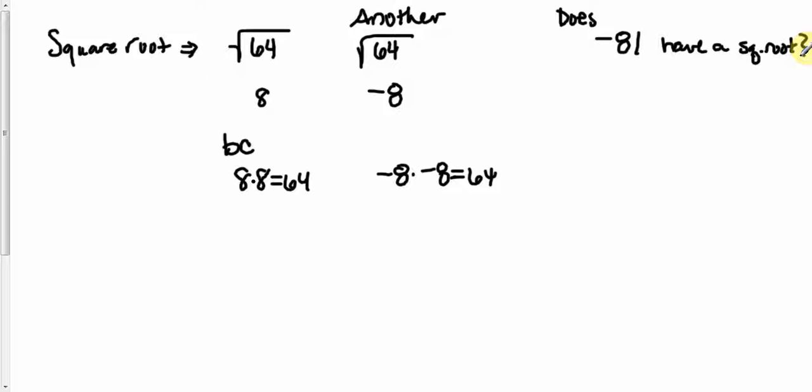And anytime you square something, you have to multiply it by itself, right? So you cannot take the square root of a negative number. Now later in this chapter, we're going to discuss complex numbers, which are imaginary numbers, which are square roots of negative numbers. And then you'll have a way to represent that answer, but not really be talking about a real number. That's why they're called imaginary. That'll be a little bit later on in this chapter.